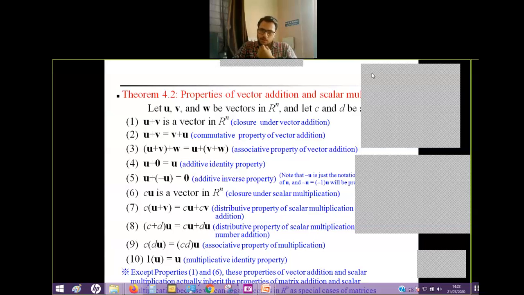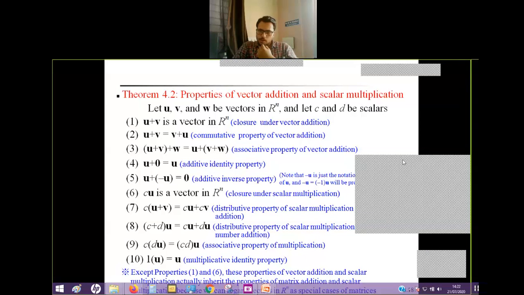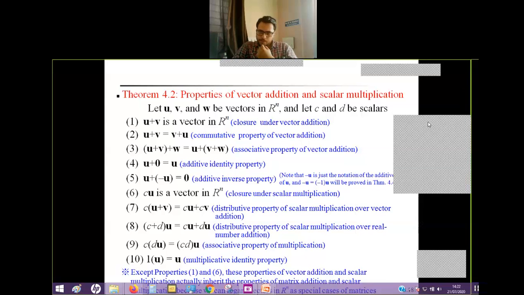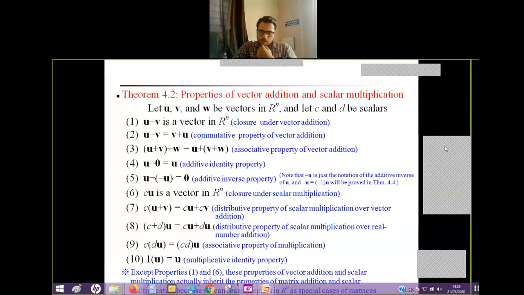I will show you the full screen. Now I think it is visible. These are properties of vector addition and scalar multiplication.